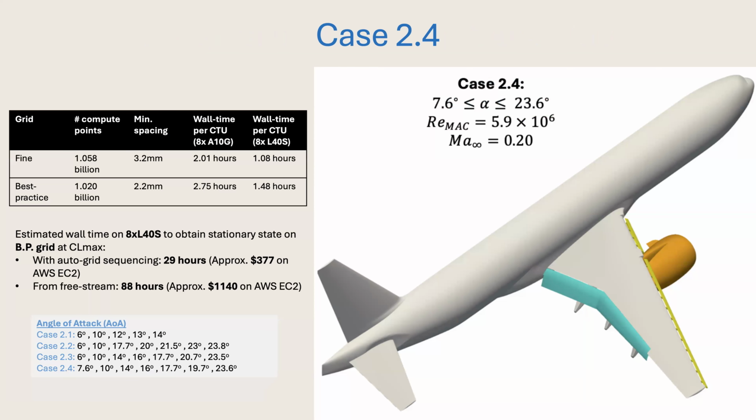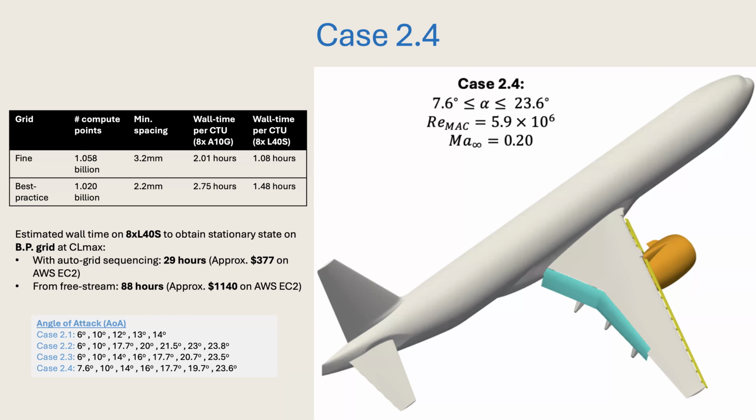And then case 2.4, I am giving some timings here. Conditions are given like angle of attack is 7.6 degrees to 23.6 degrees. And so the timing for the fine grid, which is 1.05 billion, when you run on A10G, it's like 2 hours per CTU. CTU is based on mean aerodynamic chord.